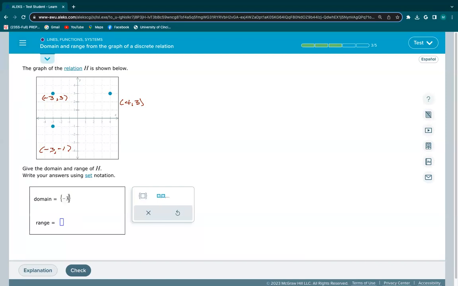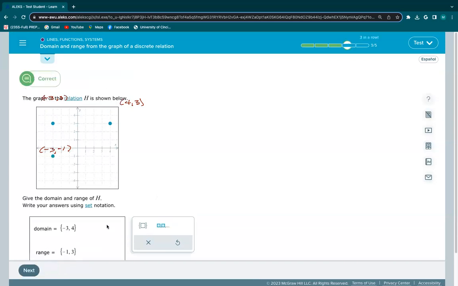So -3, I have 2 of them on that line. So this is yet again a relation, not a function. And then I go over to the others and I have a 4. And then for the range, I am going to start from lowest to highest. And I've got -1. And then I have 2 points up at that y = 3 line. So it's just going to look like this. And we are good with this topic.